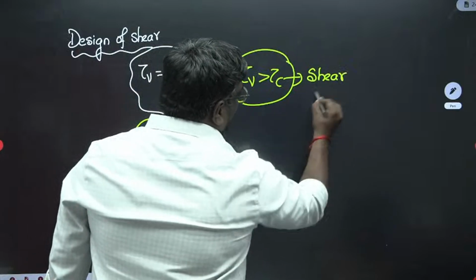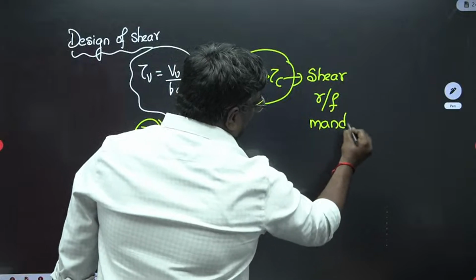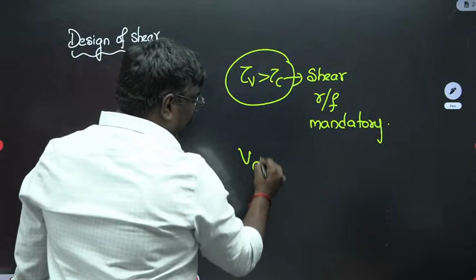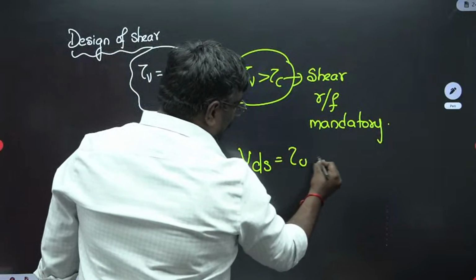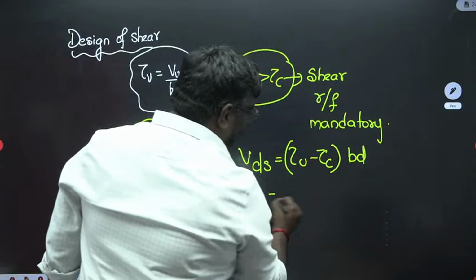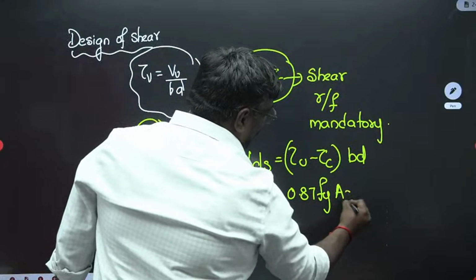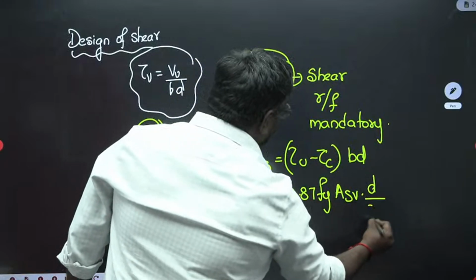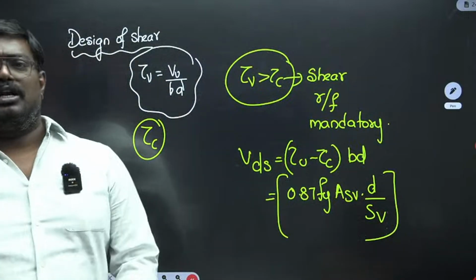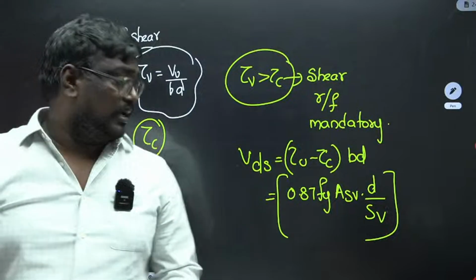If I talk about the design shear force, it will be given as (tau v minus tau c) into bd. If they have given these values, or two-legged stirrups or anything, use 0.87 fy Asv into d upon Sv. Using this, if you solve the problems, you will get a 100% solution. I hope you are clear, my dear students. Now, please go through the answers here.